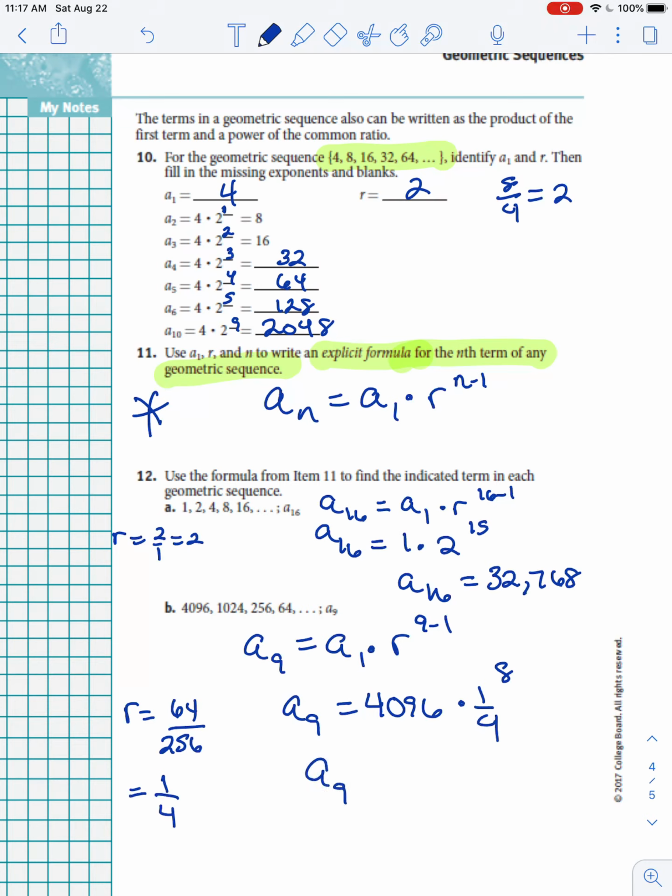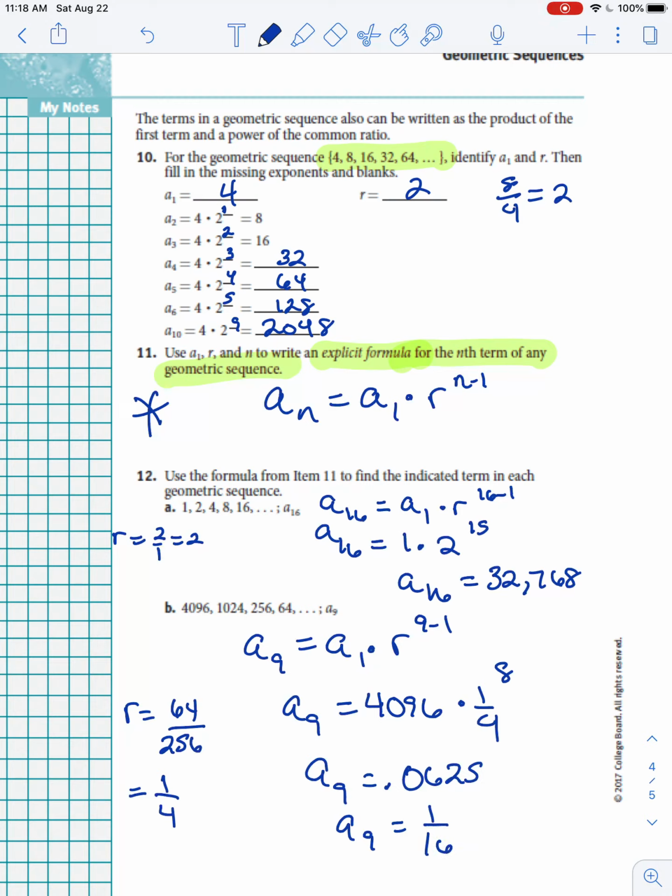So you want to practice that until you see that you get about 0.0625. And I will double check that, because remember, first you have to take the 1/4 to the 8th power. And then once you get that, you have to multiply by 4,096. And it kind of gives you a messy number. And then you could change it to a fraction if you want to. So a sub 9 would be 1/16.